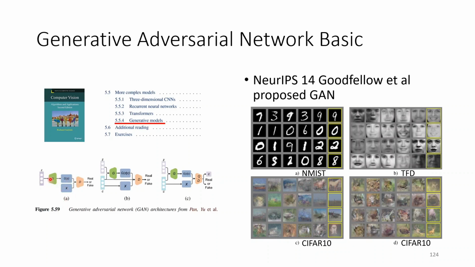So what they want is to generate the image using a generator and use a discriminator to tell whether the images are generated or real. If the discriminator cannot distinguish whether this is a real image or a generated image, then okay, it means the generator is good enough to generate realistic images.